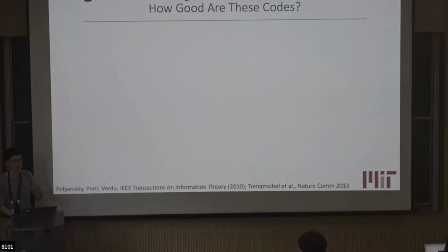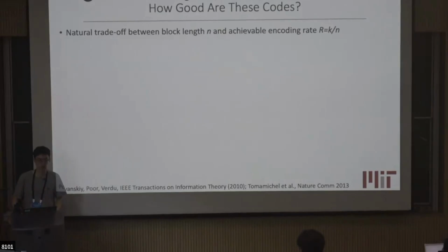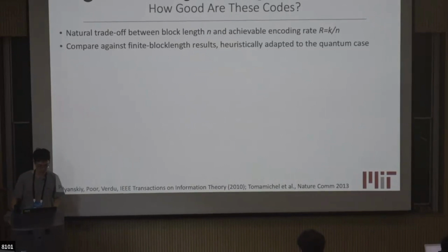Okay. So another natural question that one might wonder is how good are these codes? What parameters should we actually expect to achieve? And here there's a very natural trade-off between the block length that you have and the achievable encoding rate. What do I mean here?